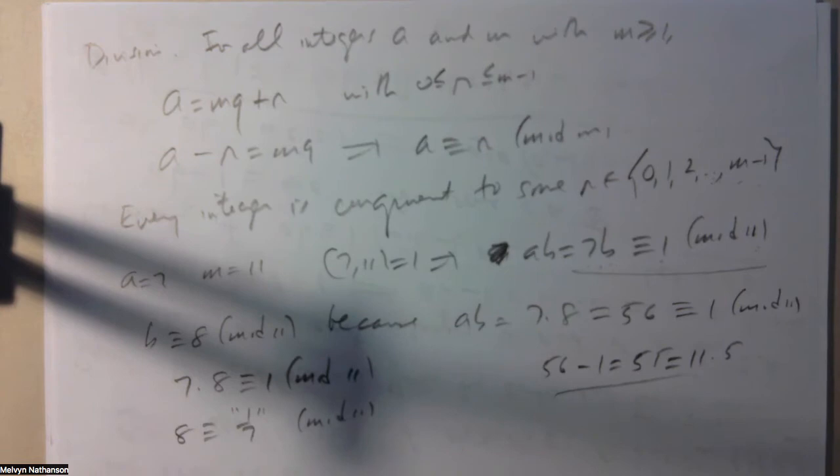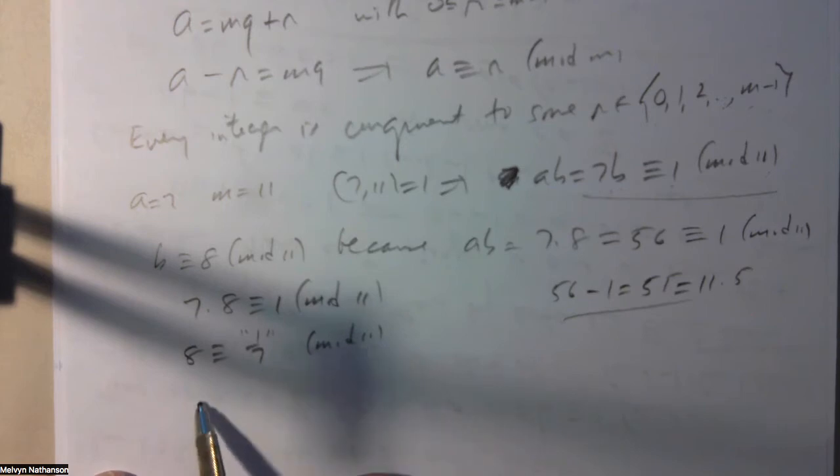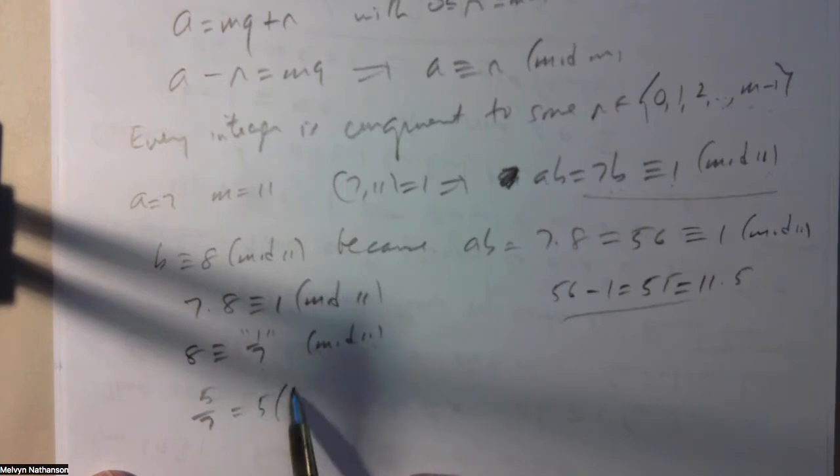So if you wanted to write a fraction mod 11, so long as the denominator is relatively prime to the modulus, like 5 over 7, what would that be mod 11? That's 5 times a 7th. A 7th is 8. This is 40.